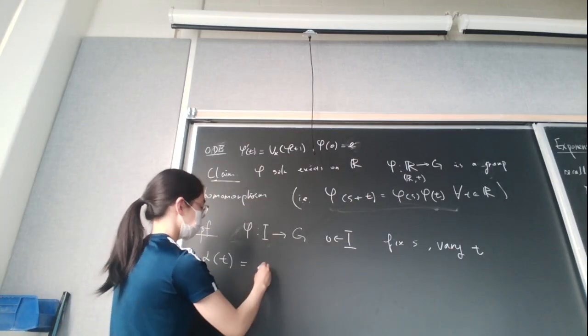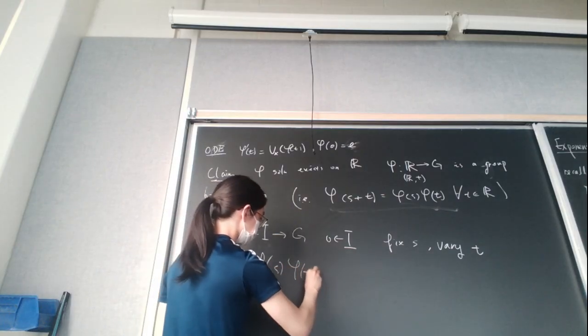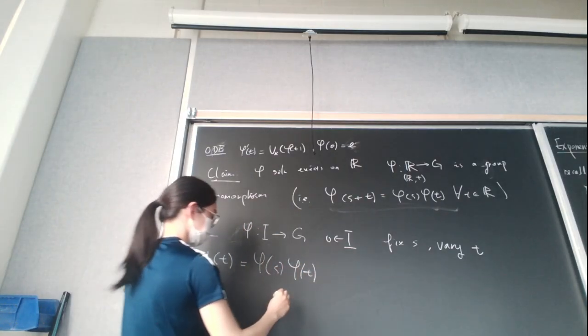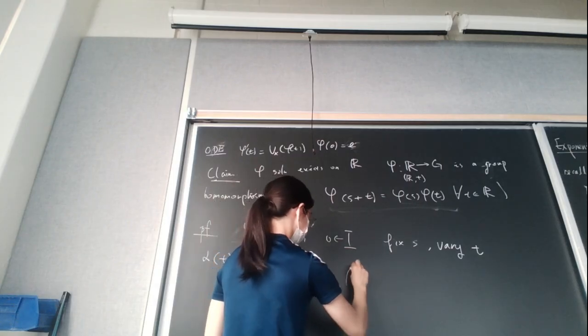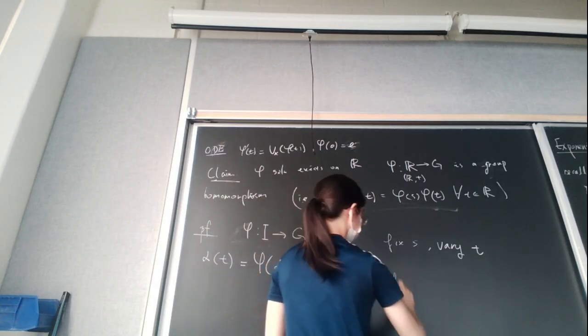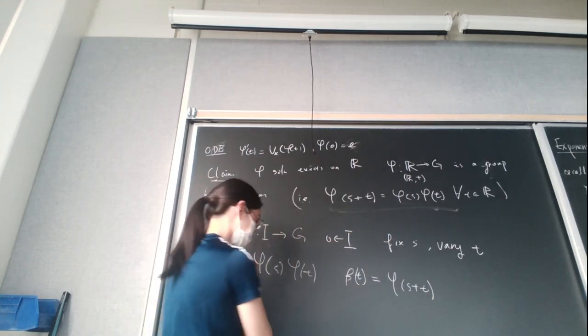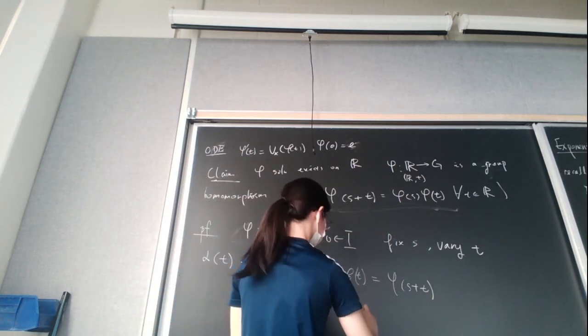So let's define alpha of T to be phi of S times phi of T, and let's define beta of T to be phi of S plus T. We just compute the derivatives.